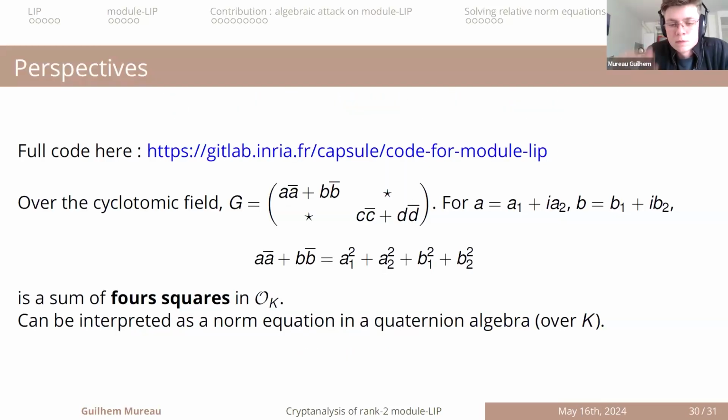So this is actually what we are trying to do: the same idea of solving norm equations, but this time in a quaternion algebra, and things get more intricate when you get into non-commutative algebra.